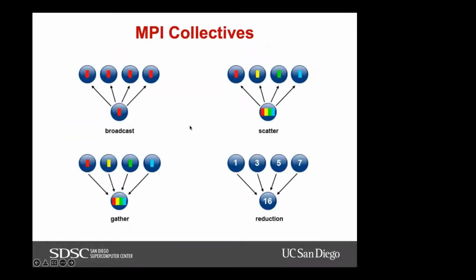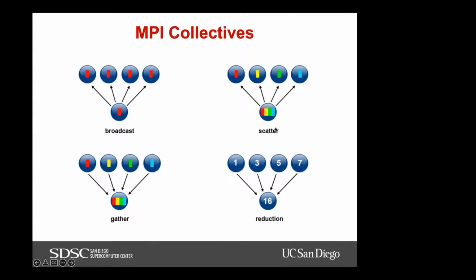There are all kinds of collectives, as I mentioned. Some examples I borrowed from one of Mary's slides from last year, I think. Basically, you have a broadcast example where data in one rank is sent to all the ranks.